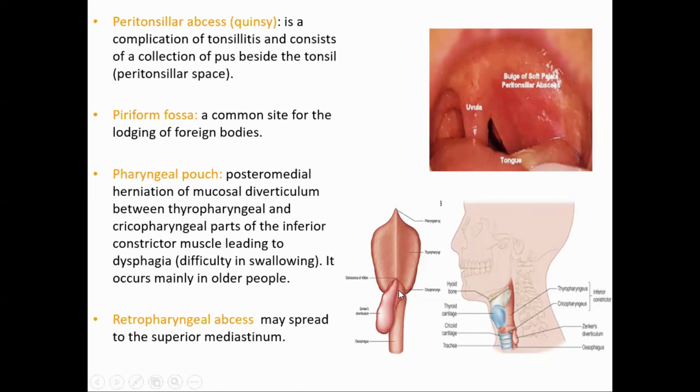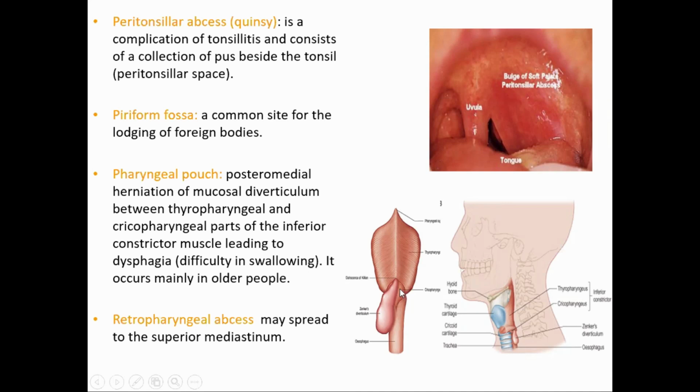So in neuromuscular incoordination, the interior pressure of the pharynx becomes increased, and there is formation of a mucosal diverticulum.